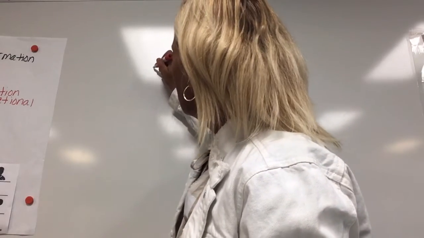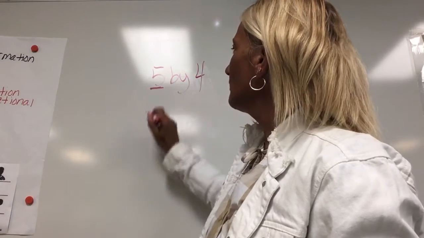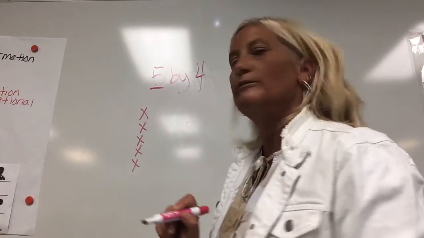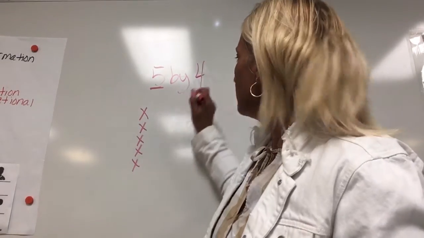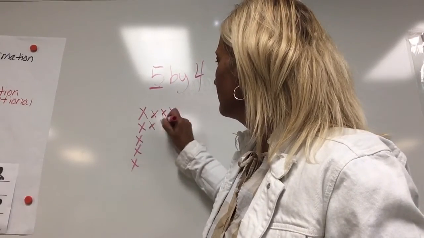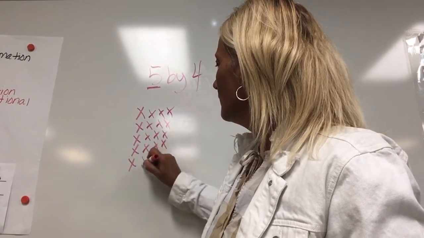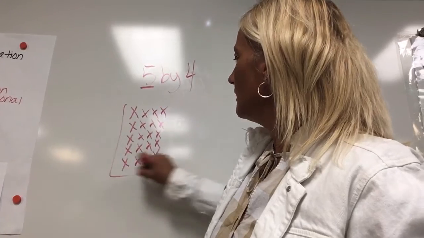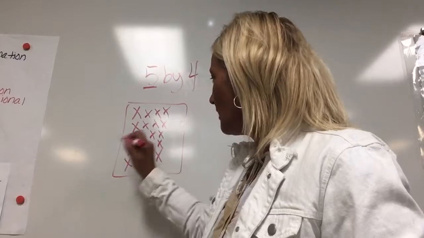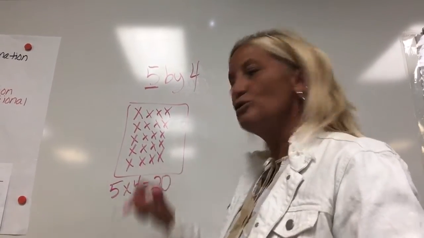So if it's a 5 by 4 array, this number tells me how many going down. 1, 2, 3, 4, 5. Okay? This number tells me how many in each row. So I'm going to have 4 in each row. So this is a 5 by 4 array. Okay? So it's the same thing as saying 5 times 4 equals 20, because I have 20 altogether.